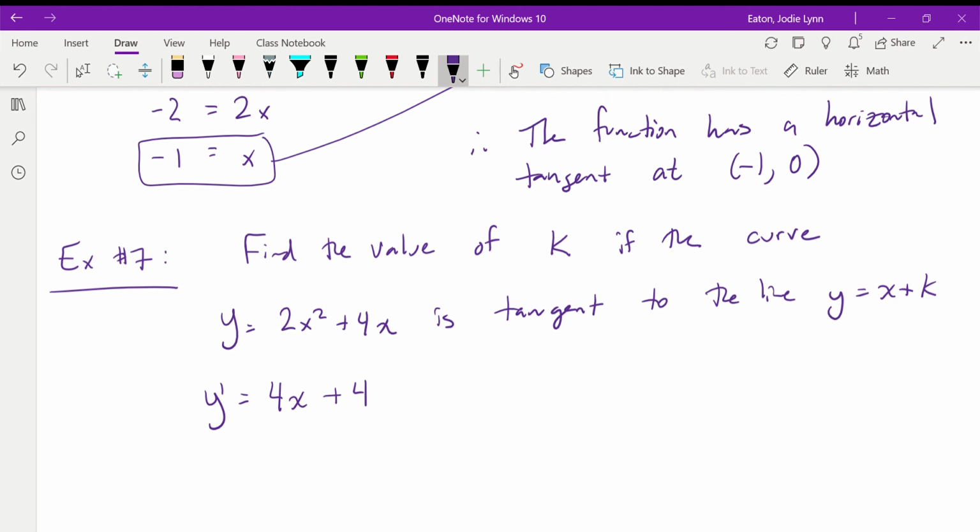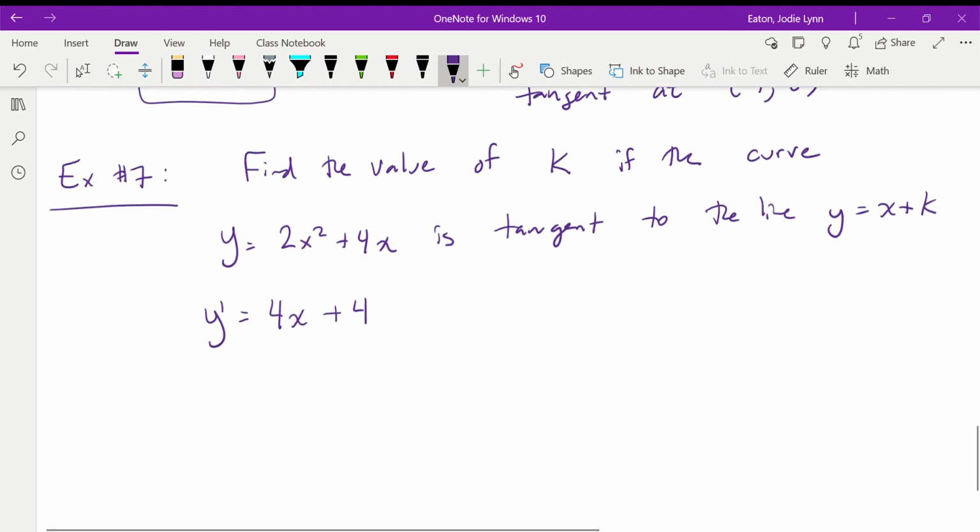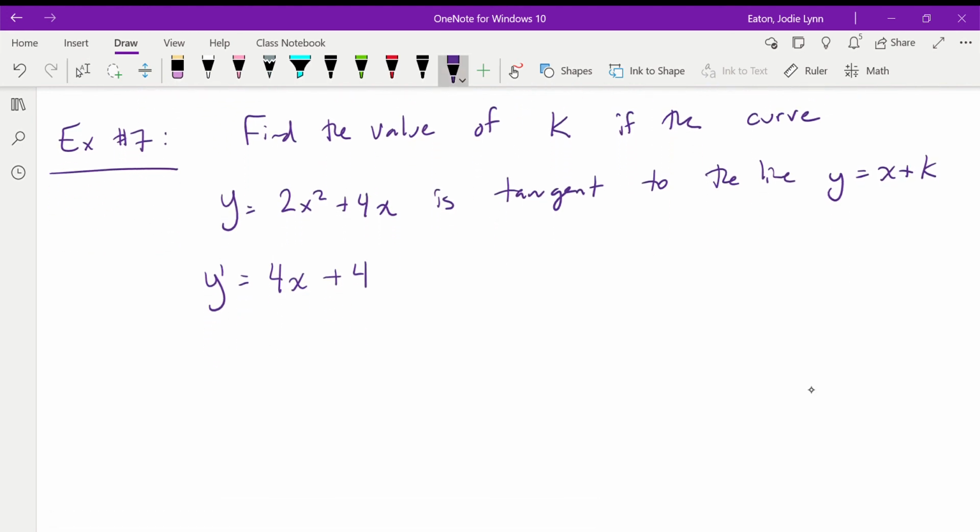So we want it to be tangent to the line y equals x plus k at some point. Okay. So if this is a tangent line, we know that the slope at that x point is going to have to be 4x plus 4. The slope of this line here equals 1. So we are now going to take a look and say, where is the slope equal to 1?